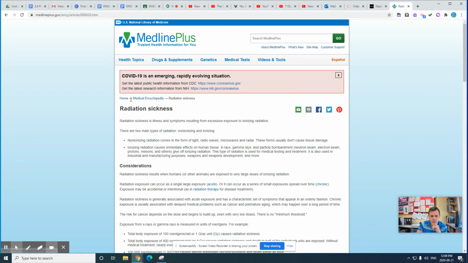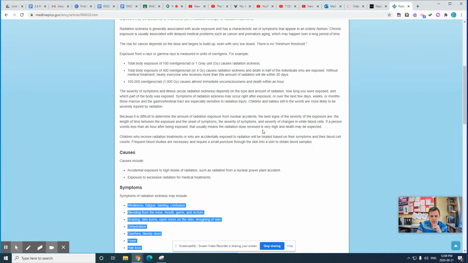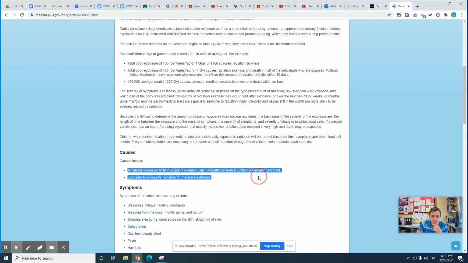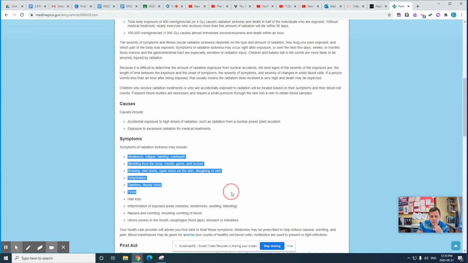This is a website all about radiation sickness. You can get it from being exposed to sources of nuclear energy, like X-rays, nuclear power plants, or nuclear bombs. You're probably not going to encounter those in your daily life, but being exposed to those sources of radiation can cause all sorts of terrible, terrible symptoms, including death.